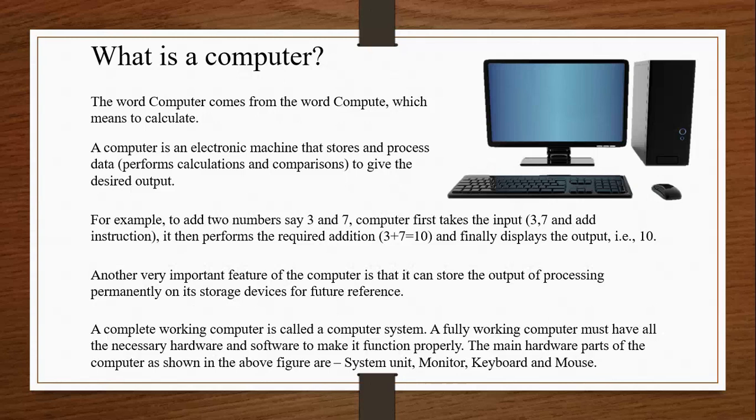A complete working computer is called a computer system. A fully working computer must have all necessary hardware and software to make it function properly. The main hardware parts of the computer, as shown in the figure, are system unit, monitor, keyboard, and mouse.